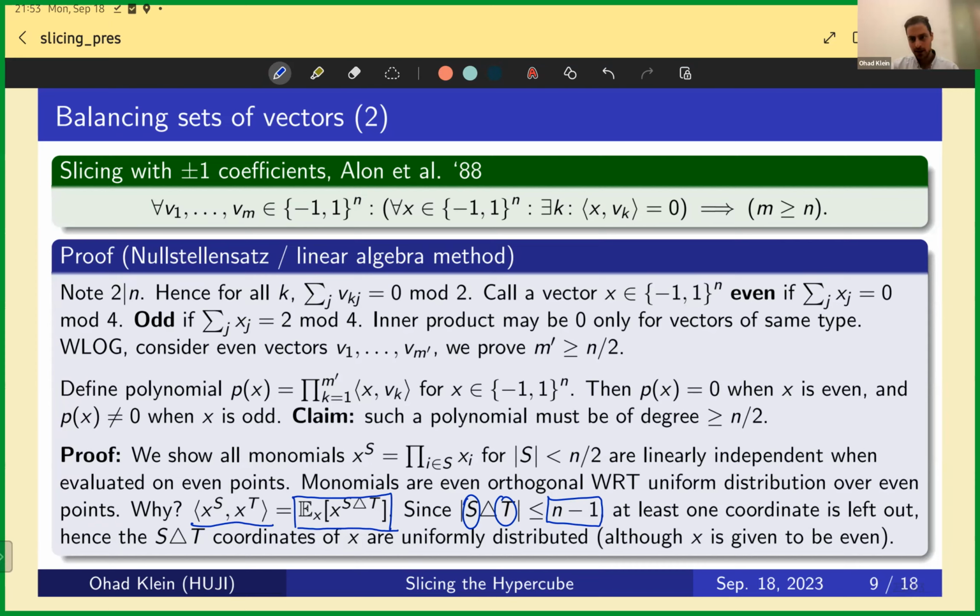Now, by setting the coordinates that are outside s and t to be exactly the opposite of the parity of the value of x to the power of the symmetric difference of s and t, we see that no matter the values of x in this symmetric difference, we can fix the other value of x.